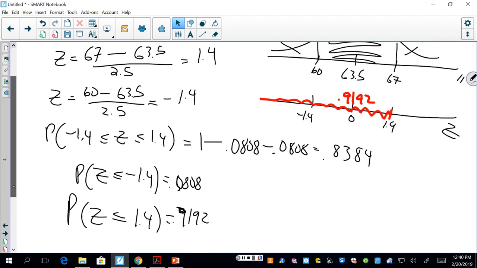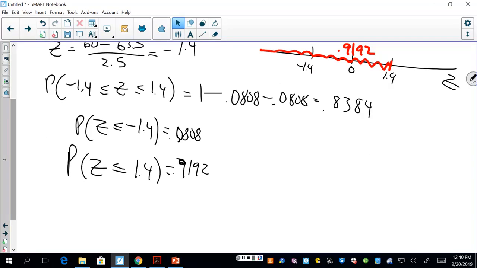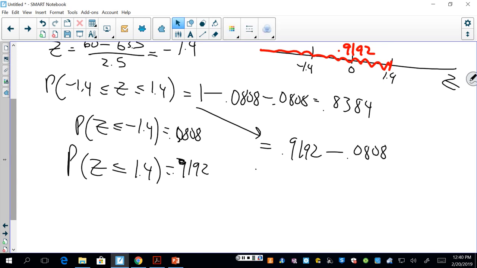So the probability here could also be written as 0.9192 minus the area that was over here, which is 0.0808. So it's the probability that z is less than or equal to 1.4 minus the probability that it's less than or equal to negative 1.4, and you get that area.